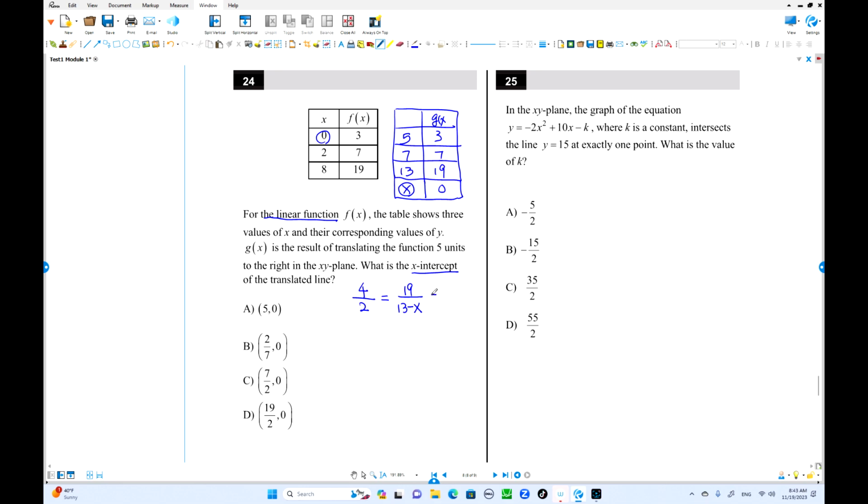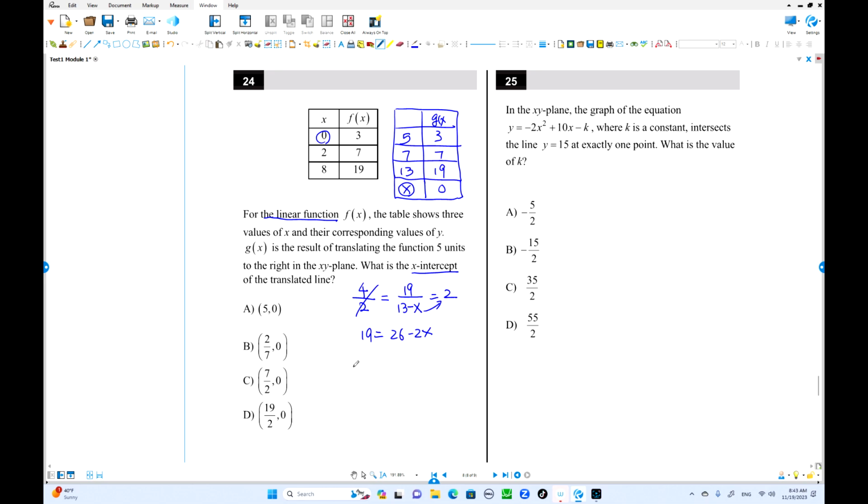So this is 2. So 19 equals what? 2 times both sides. Okay, this is 2 times here. 26 minus 2x. Okay. There's no answer.